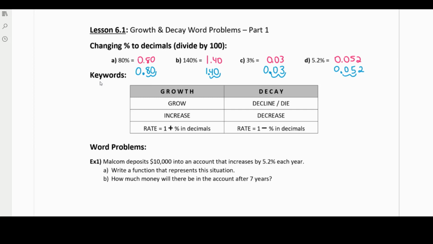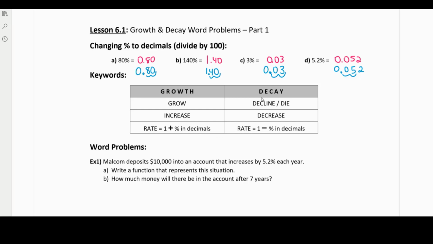Continuing on, today we're going to talk about some keywords for word problems. So we talked about growth versus decay. Some words that mean growth are grow and increase, and decay is decline, die, and decrease. Also, one thing you need to remember, if it's growth, the rate is going to be 1 plus the percentage in decimals.